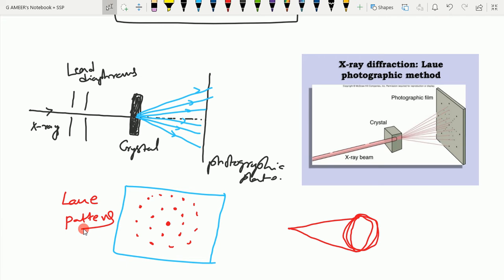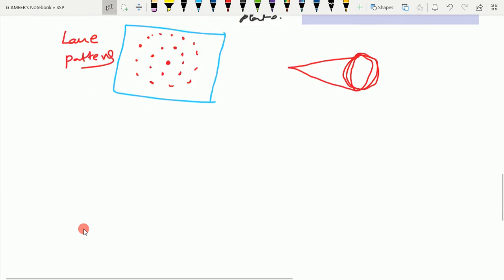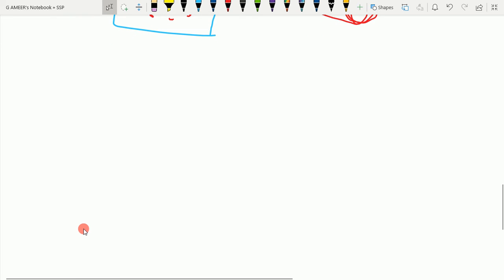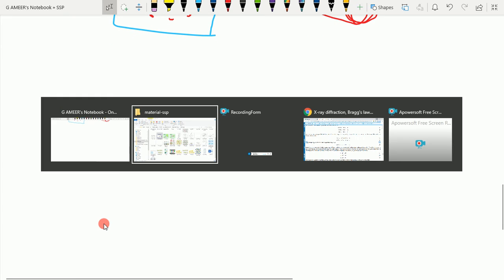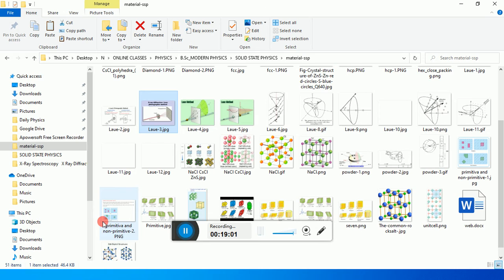Okay, fine. I'll show you diagrams also of how it looks. It will be the cone shape, it looks like a cone.